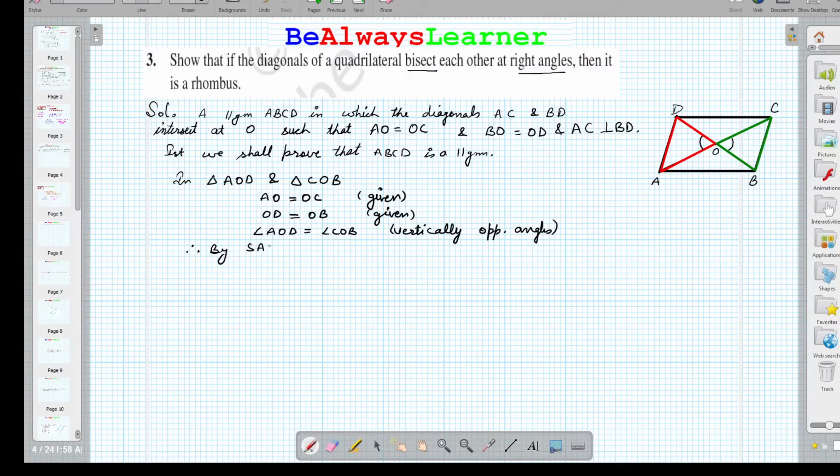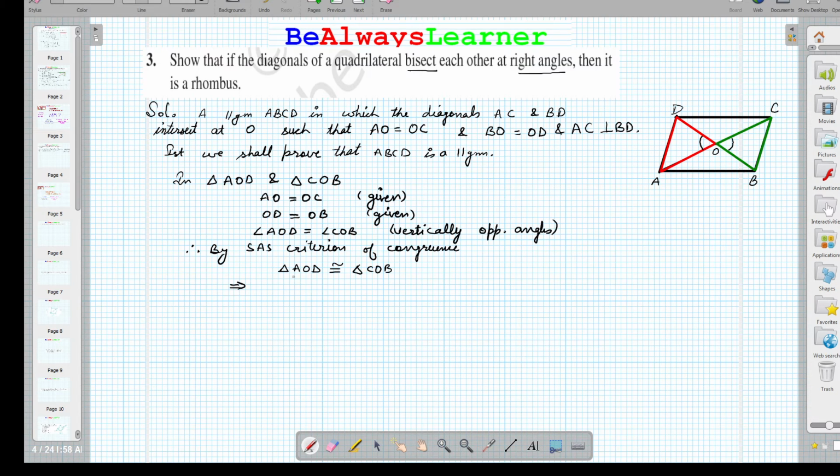So by side angle side criterion of congruence, what we get, triangle AOD is equivalent to triangle COB. If both are equivalent, then their parts are also equivalent.